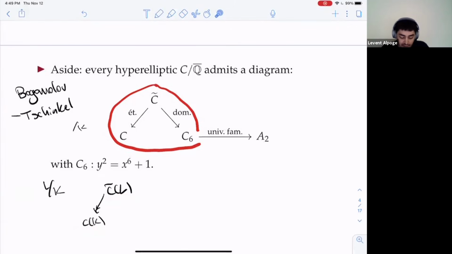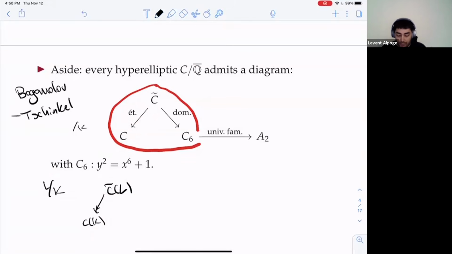That's just saying that all K points downstairs lift to a bounded degree extension, and that comes from the fact that the map itself has no ramification, it's unramified. And this is a consequence of Hermite-Minkowski, that L is an explicit extension of K.